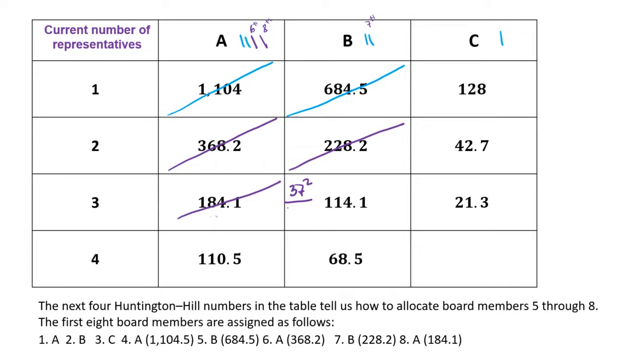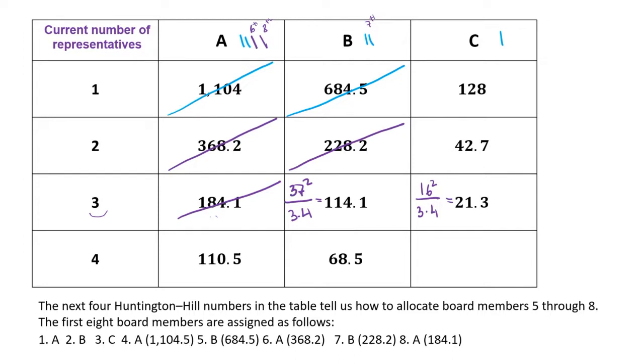In hundreds, and we divide by the present number, 3, or current number, and by 3 plus 1, by 4. For C, 6 population squared divided by present number, 3, and divided by 4. So you find the missing HH numbers, and then you assign the representative.